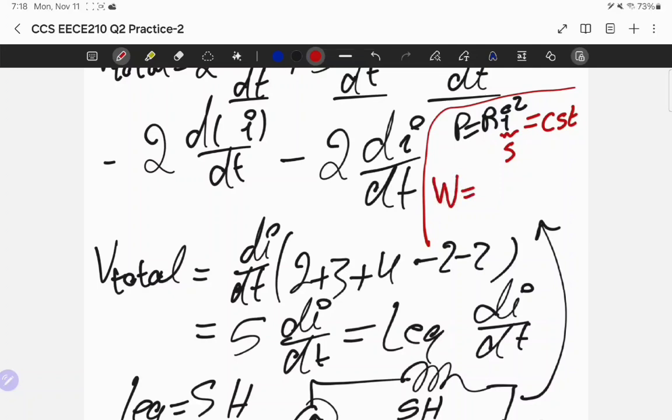I'm referring to the equation where the energy is the integral from time equals 0 to time equals 1 of P dt. But there's a problem. I'm considering the energy at a specific time. The problem didn't ask me to consider the energy over a time interval between 0 and 1, because when I speak about the energy dissipated in a resistor, I speak about the energy dissipated between 2 times, t0 to t1.